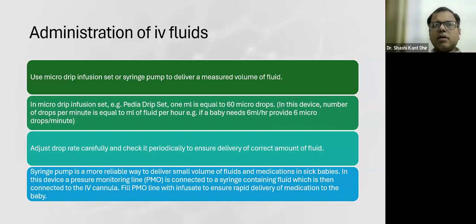But the only disadvantage with the syringe pump is it will keep on flushing the IV cannula, and even if it is blocked, unless there is an occlusion alarm, it will keep on delivering and there will be swelling. Whereas in the pediatric drip set, it usually gets occluded very commonly. So we have to take care in both the syringe pump as well as the pediatric drip set that the fluid is not being extravasated, right?